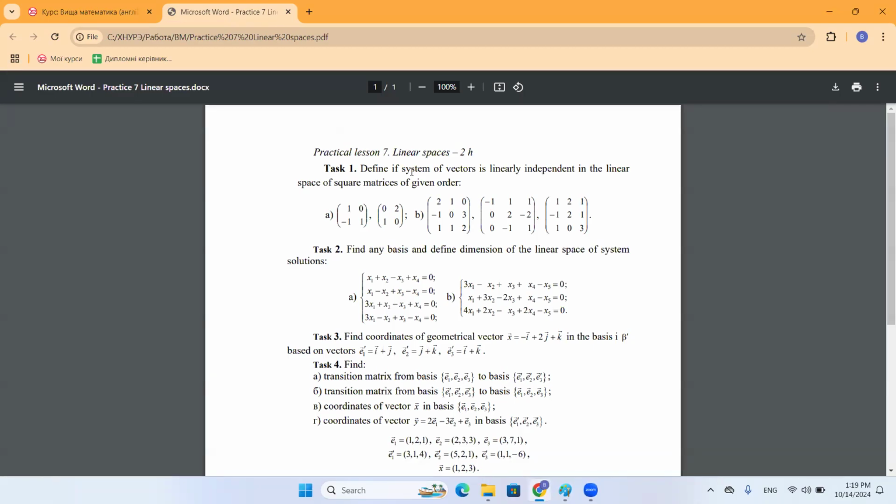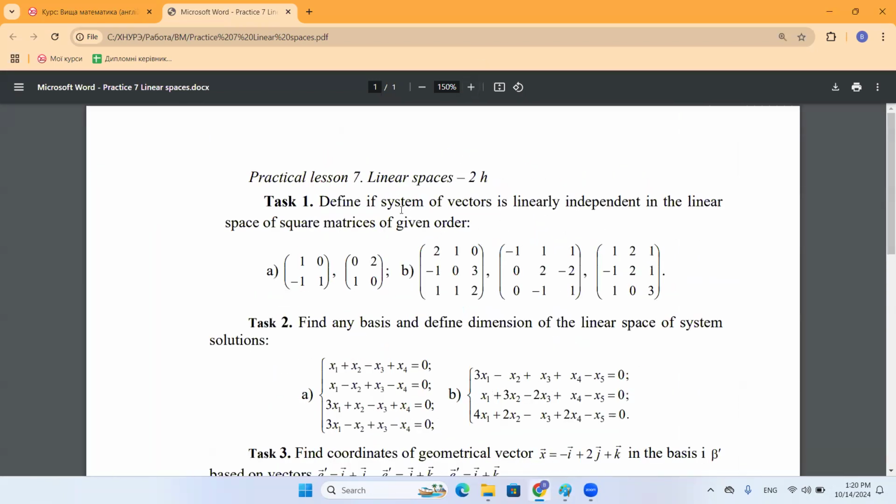So we will solve section A. Here, this system is called a system of vectors, but a vector in this meaning is used in a general sense. Generally speaking, a vector is an abstract element, and a linear space is also called a vector space. So currently we understand a matrix as a vector.